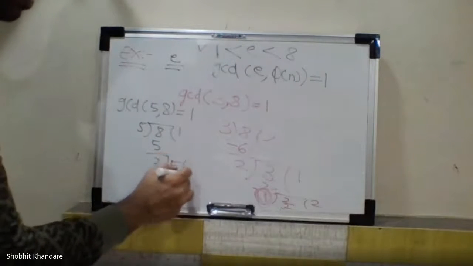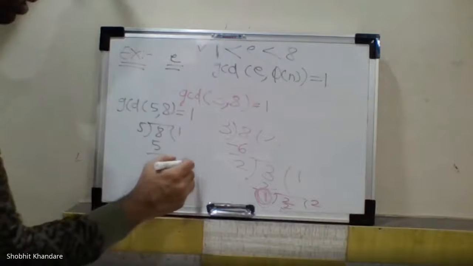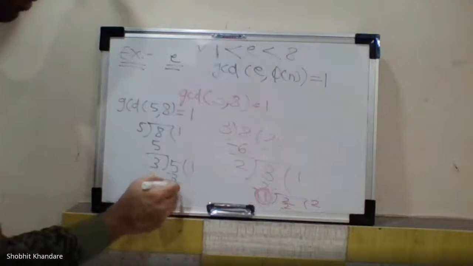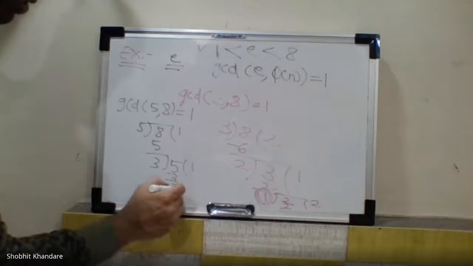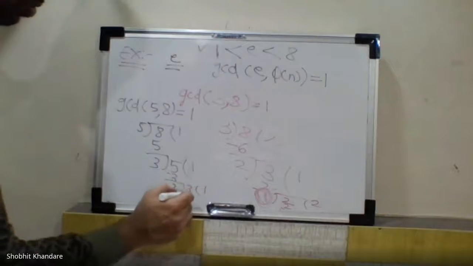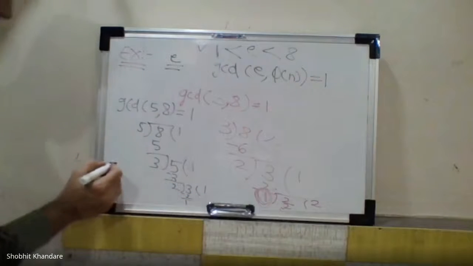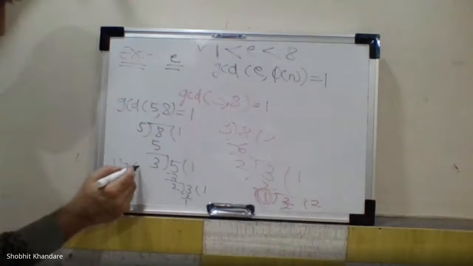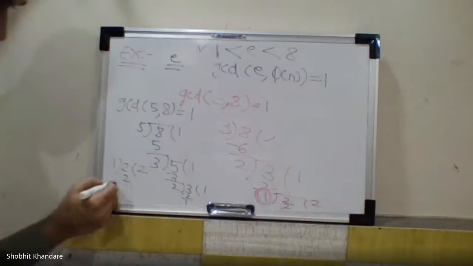Again you take 5; 3 1s are 3, so 5 minus 3 is 2. Then you take 3 inside; 2 1s are 2, it comes to be 1. So 1 divided by 2: 2 1s... it comes to be 0.